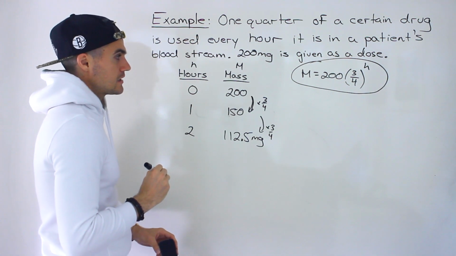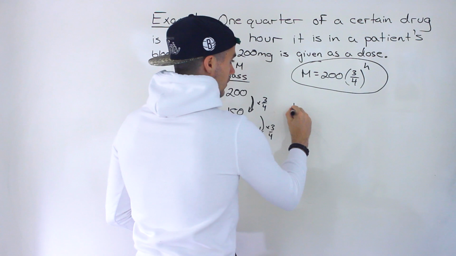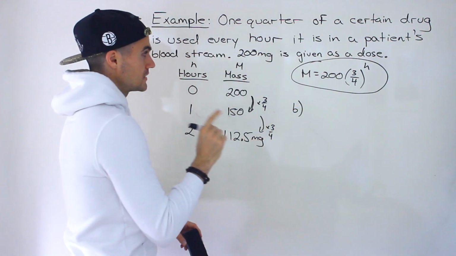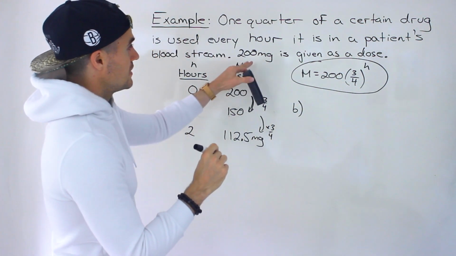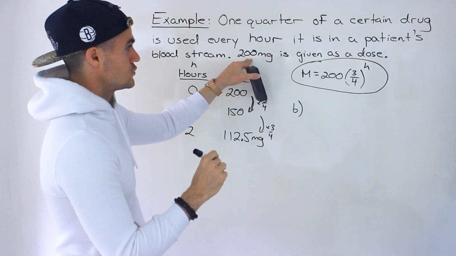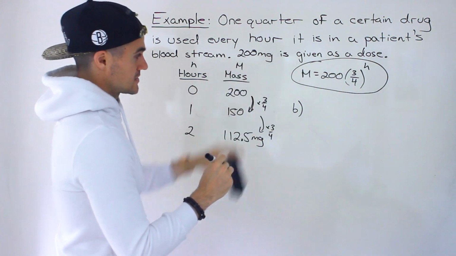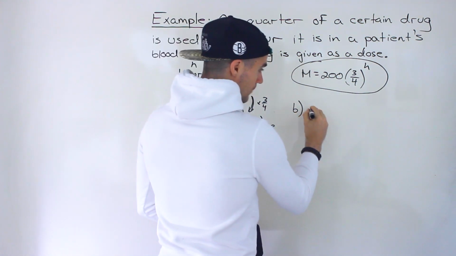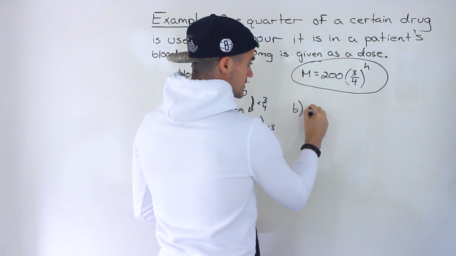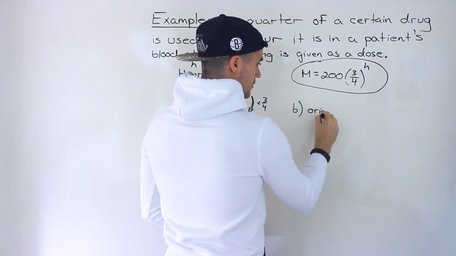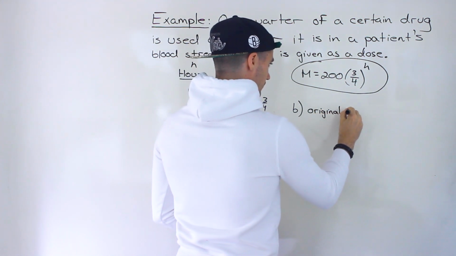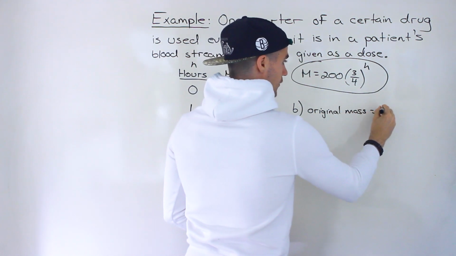Now in part B, what they're asking for is how long is it going to take for this initial dose to be less than 10% of its original mass. So the initial mass is 200 milligrams.